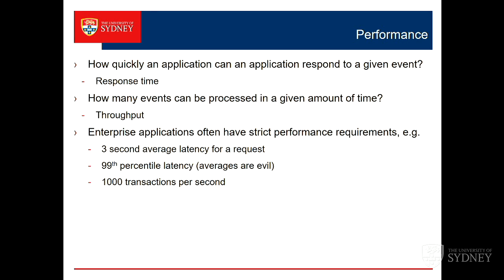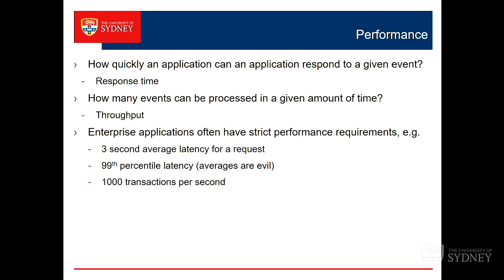And how many of those requests or events can we process in a given amount of time? So response time and throughput are the two normal performance metrics we care about. So the non-functional requirements for performance might say, here's what I require. 3 seconds is a bit slack. Say 1 second average latency.